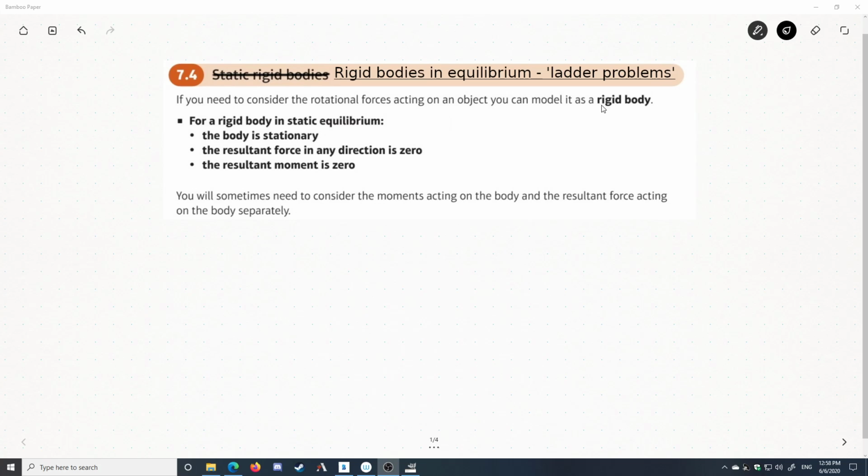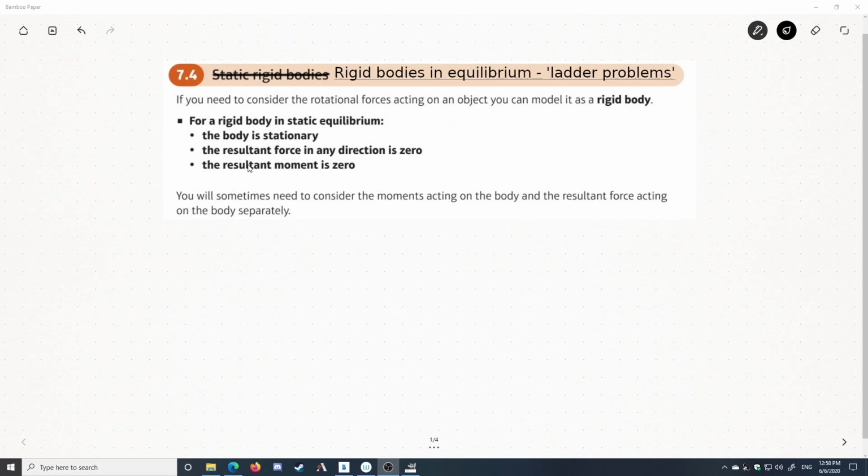So in every question, the ladder or the rod will be modelled as a rigid body, and it will always be in static equilibrium. So the fact that it's static means that it is stationary, and in order for it to therefore remain stationary, it's in equilibrium.